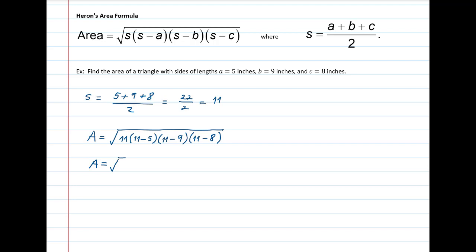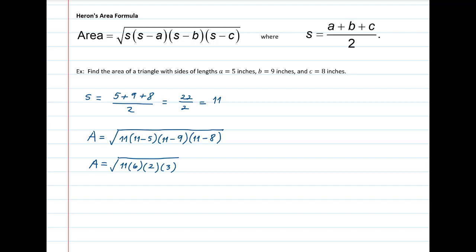Notice how this formula is very practical when you want to find the area of a triangle and you don't have any angles, right? If you don't have any angles, you wouldn't be able to use the previous formula from the last section. So this just uses sides here. Think about if you wanted to measure the acreage or how much area you have on a piece of land that has a triangular shape.